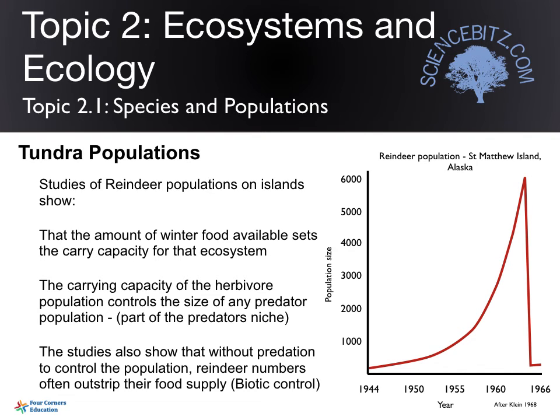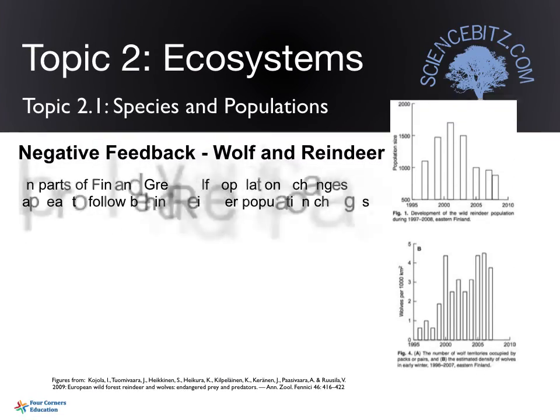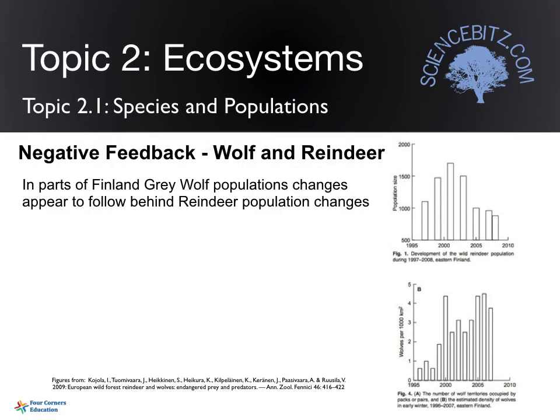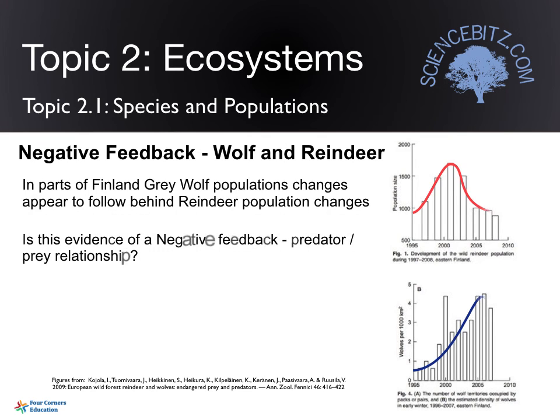So let's look at a second study where wolves are involved. This is from Finland, and it's about grey wolf population changes. The top graph shows the wild reindeer population between 1997 and 2008, and the second graph shows the wolf population. So, is there any evidence here of negative feedback in a predator-prey relationship? Well, we've got a limited amount of data, and it's always very difficult to rely on a limited amount of data.